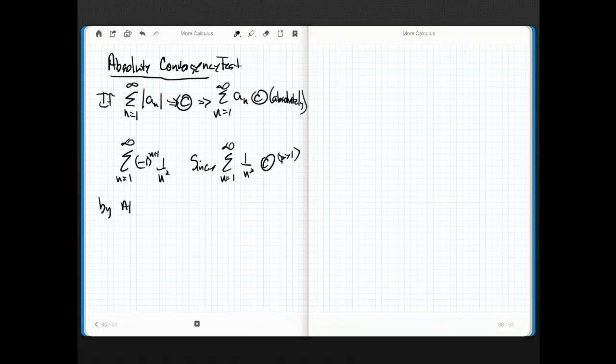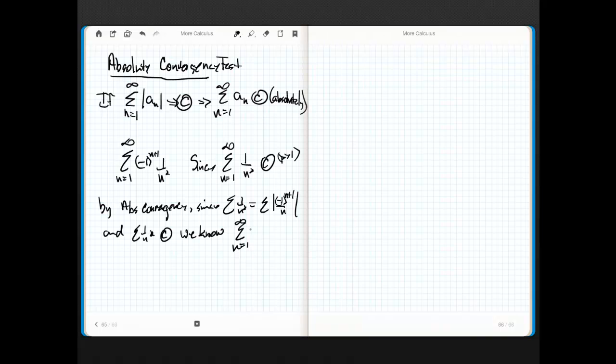By the absolute convergence test, since the series of 1 over n squared is equal to the absolute value of (-1)^(n+1) over n squared, and 1 over n squared converges, we know that the sum as n goes from 1 to infinity of (-1)^(n+1) over n squared must also converge.